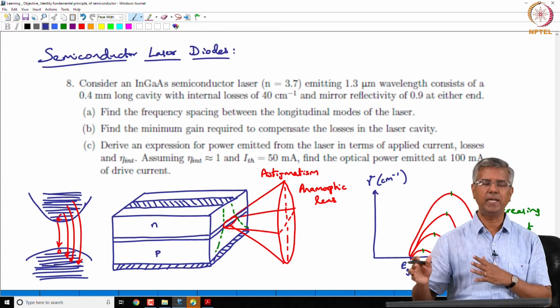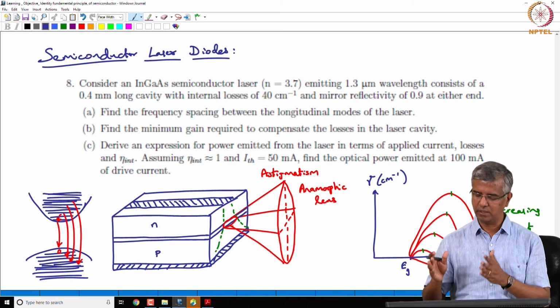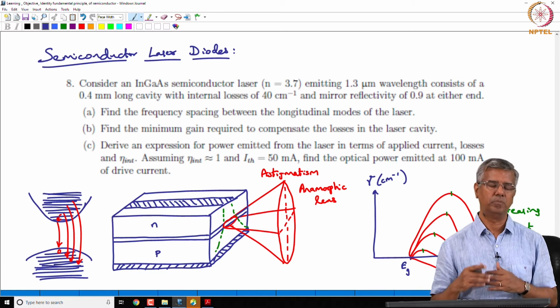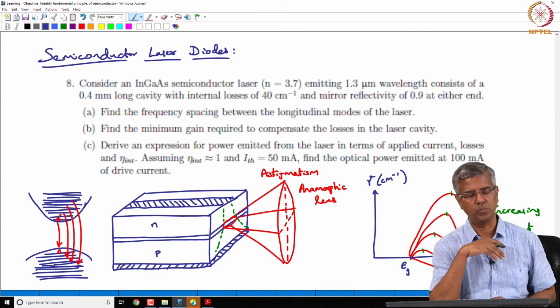It's a relative thing, but you are right that it tends to stick closer to the band gap energy, but as you pump harder, you can go away from the band gap energy.